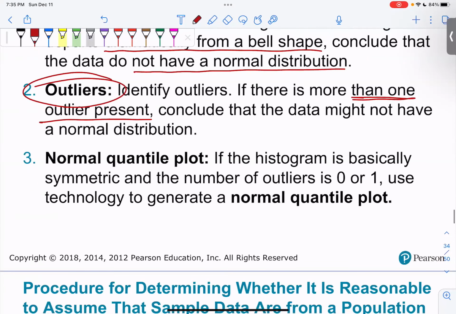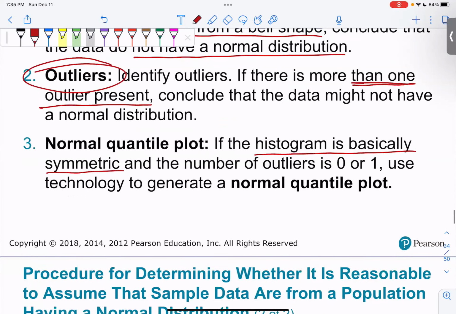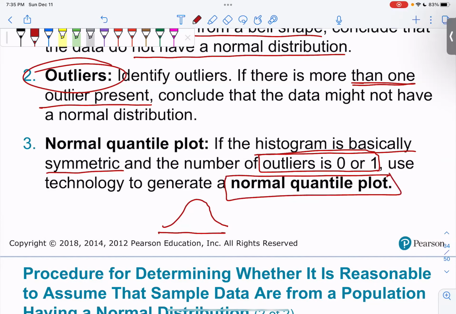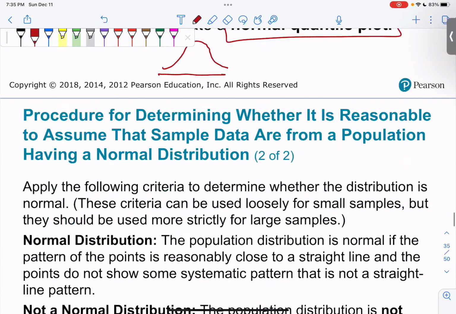But as I said, if the histogram has a bell shape, and we have only one outlier or no outliers, then we will use the normal quantile plot.